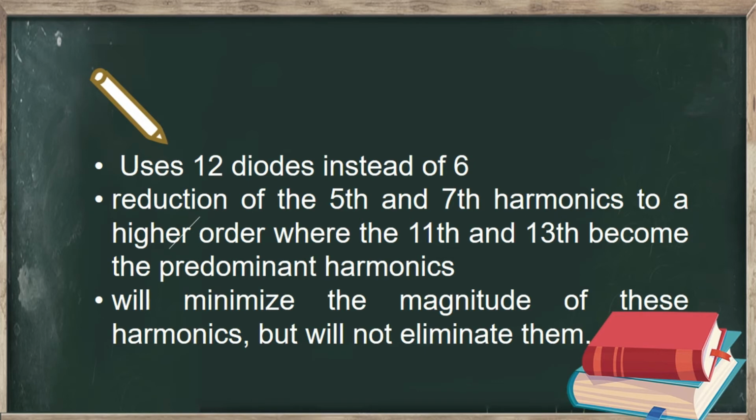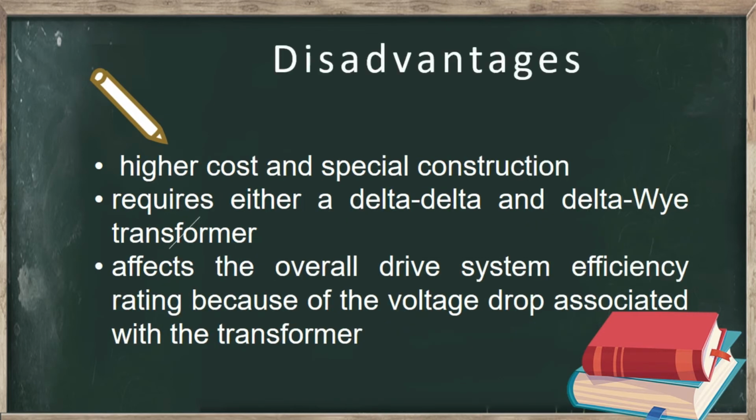It will also minimize the magnitude of these harmonics but will not eliminate them. The disadvantages of this converter are higher cost and special construction. It also requires either a delta-delta or delta-Y transformer. It will also affect the overall drive system efficiency rating because of the voltage drop associated with the transformer.